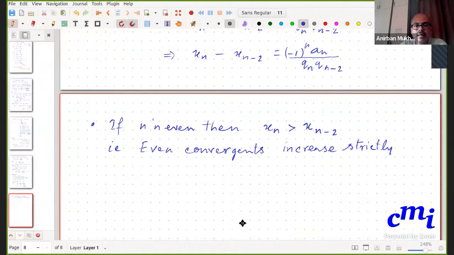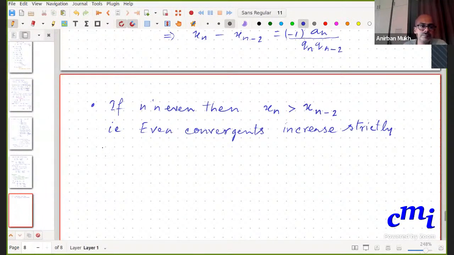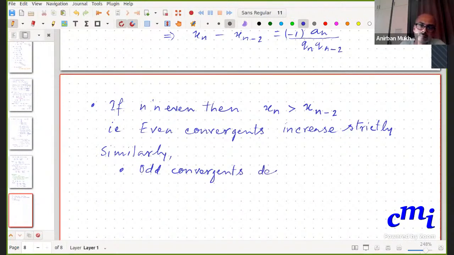Therefore, the odd convergents are going to decrease strictly. So these are the two things we can immediately conclude.